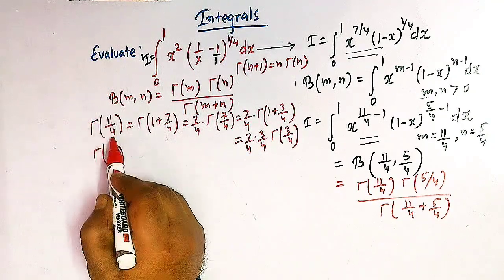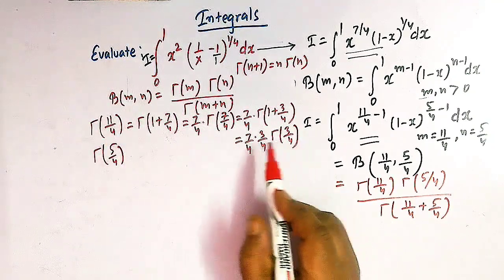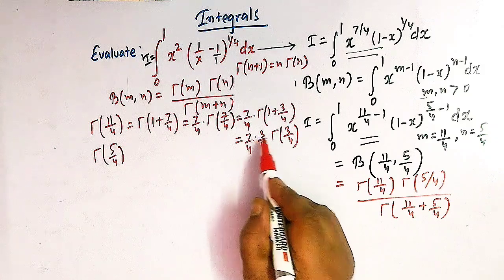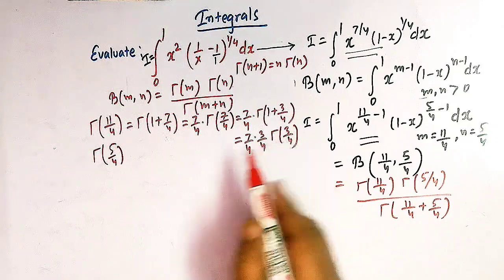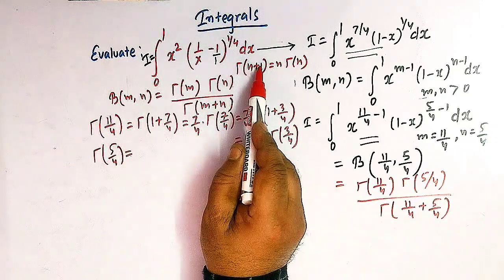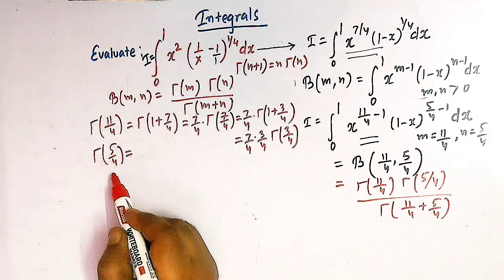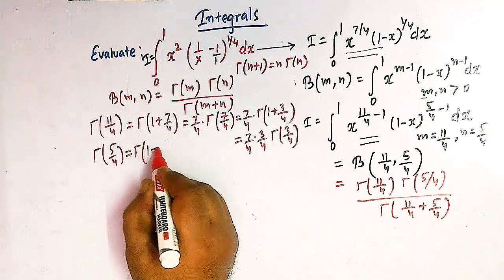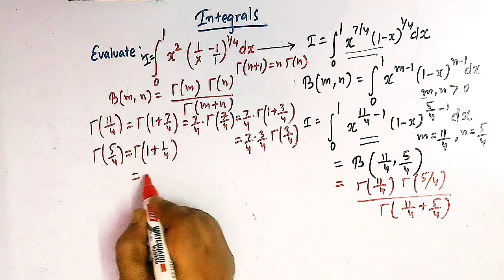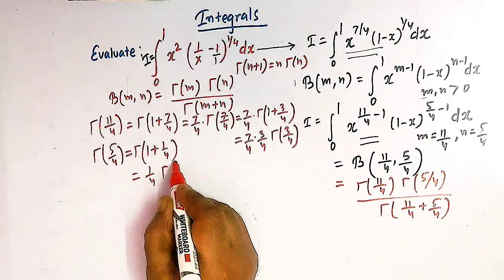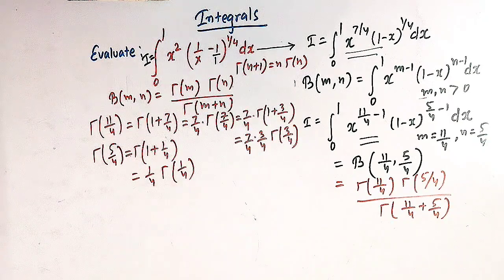So gamma of 11 by 4 can be written as 7 over 4 times 3 by 4 times gamma of 3 by 4, and let us apply the same rule to gamma of 5 by 4. So here we can write 1 plus 1 by 4. So this is 1 by 4, and here we have gamma of 1 by 4, right?